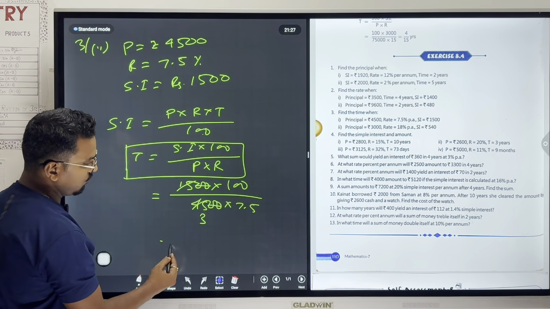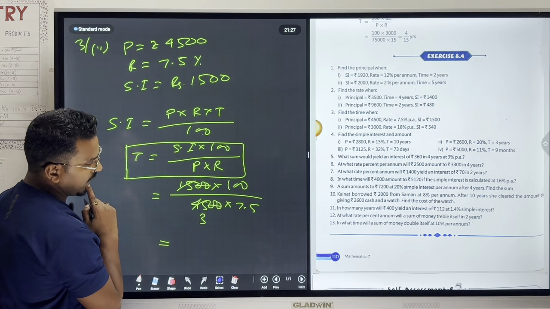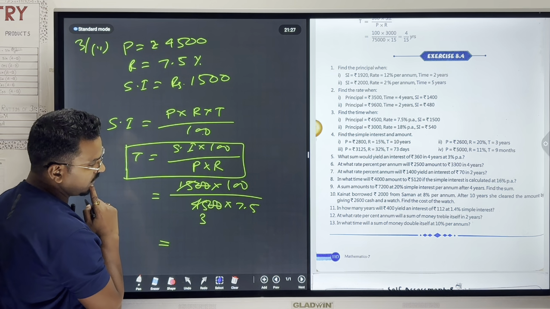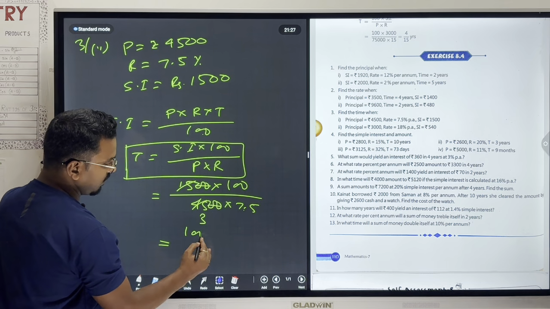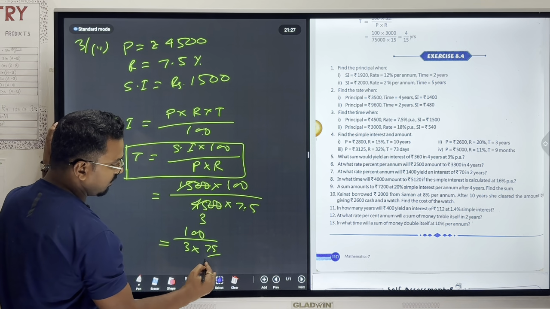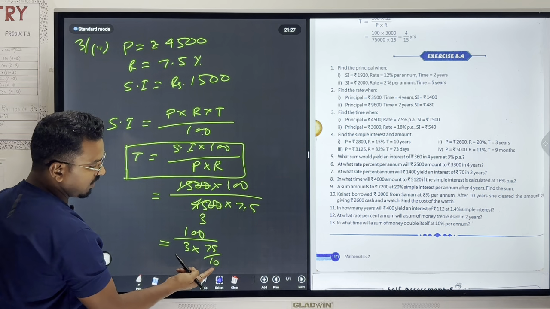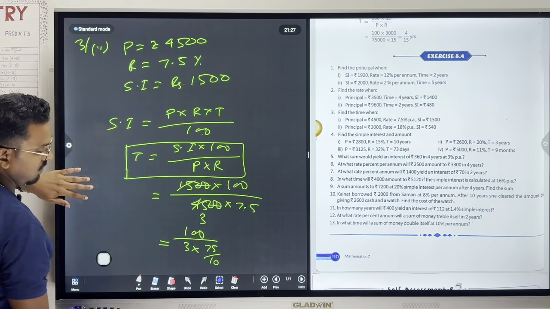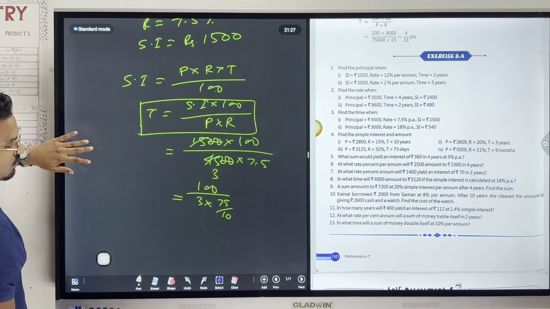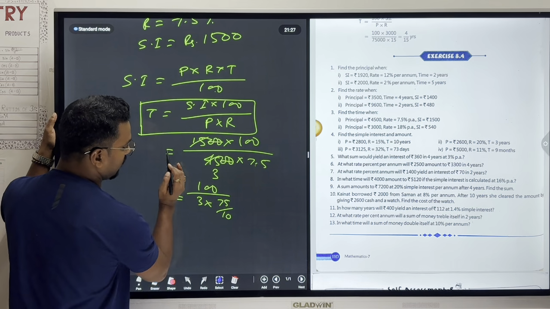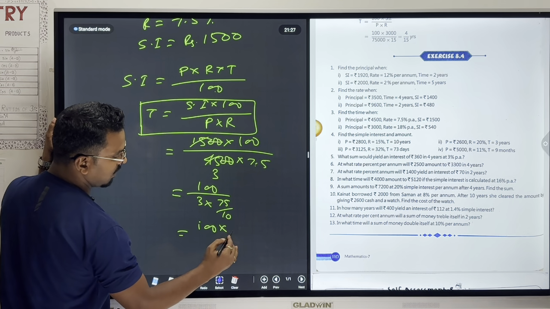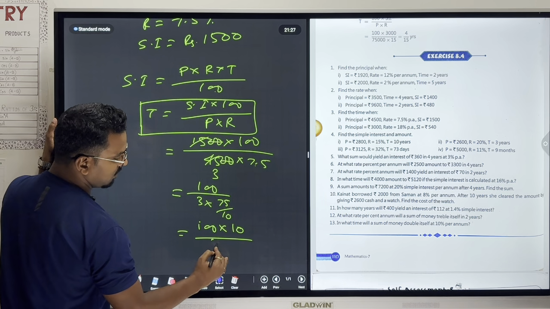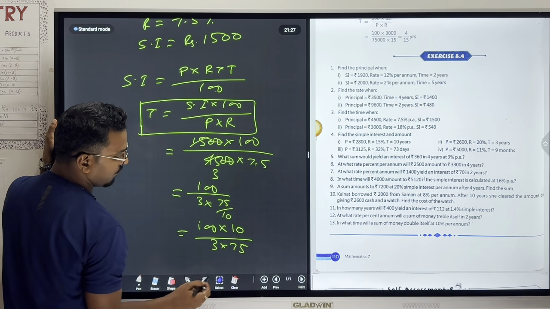If you multiply by 75, we can convert this: 100 by 3 into this can be written as 75 by 10. So this 10 will move to the numerator, and it will be written as 100 multiplied by 10 over 3 into 75.